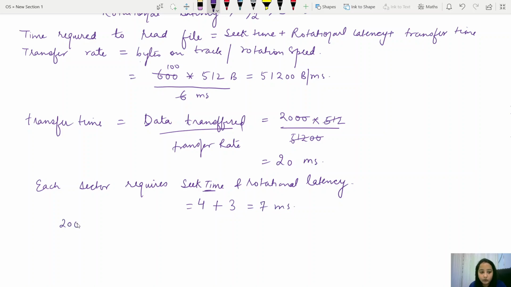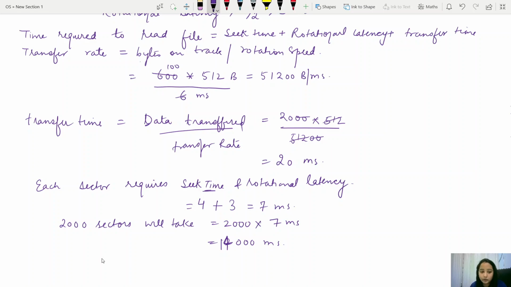So 2000 sectors will take 2000 multiplied by 7 milliseconds, so it will be 14,000 milliseconds.